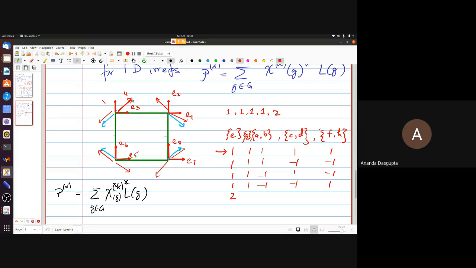What happens with D, which is this reflection? Then this vector becomes this one. This vector becomes this one. This point moves here, but this arrow becomes this arrow. And this point moves here, this cyan arrow becomes this red arrow.